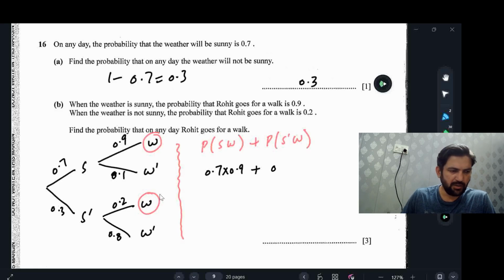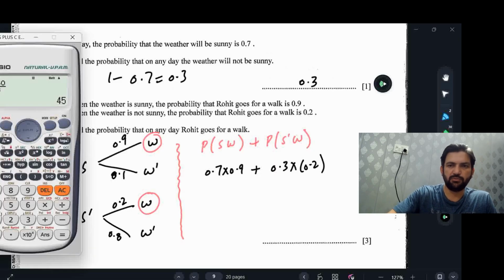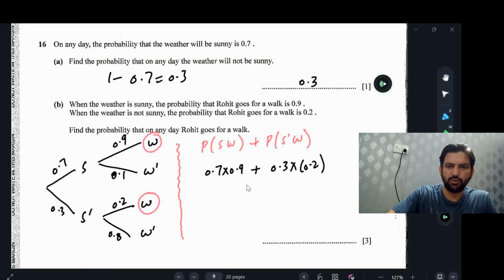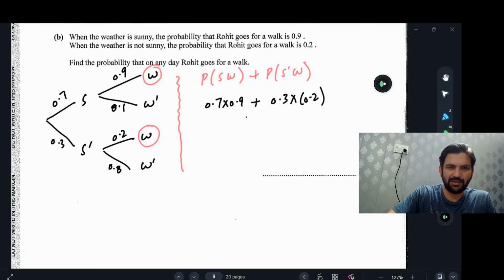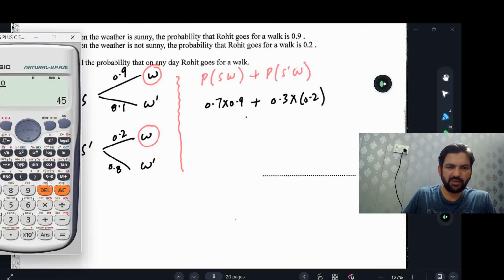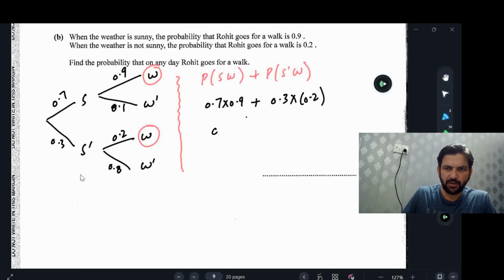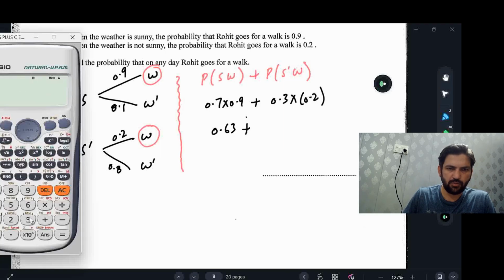0.3 multiplied by 0.2. As this question is of 3 marks, we will not take any risk, and we will write each and every value here. 0.7 multiplied by 0.9 will be equal to 0.63, plus 0.3 multiplied by 0.2, which should be equal to 0.06.